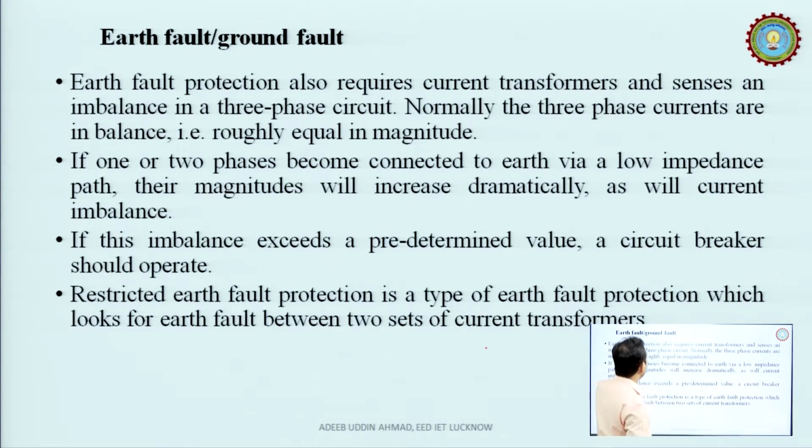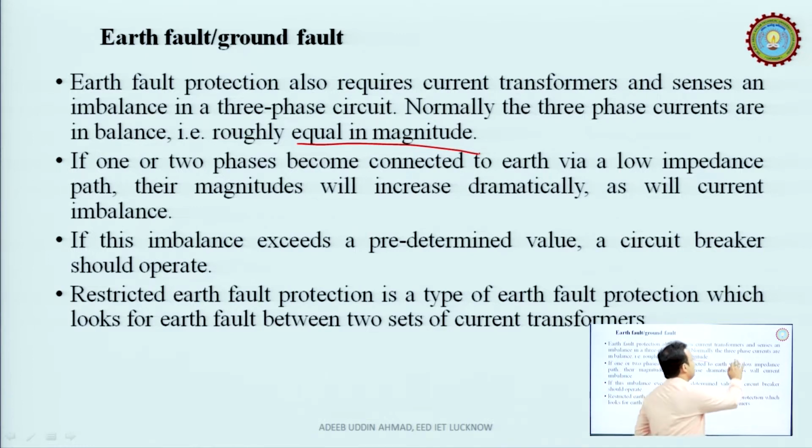Earth fault protection also requires current transformers and senses an imbalance in a three phase circuit. Normally, the three phase circuit is balanced, so the phase currents I1, I2, I3 are roughly equal in magnitude when the load is balanced and there is no fault.